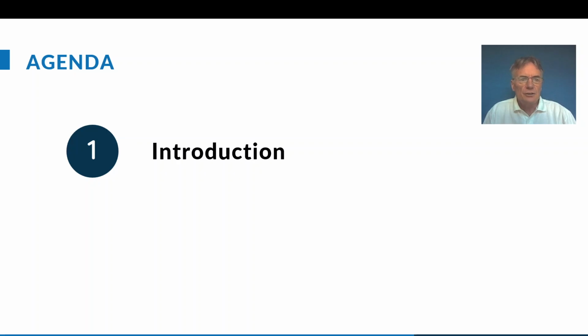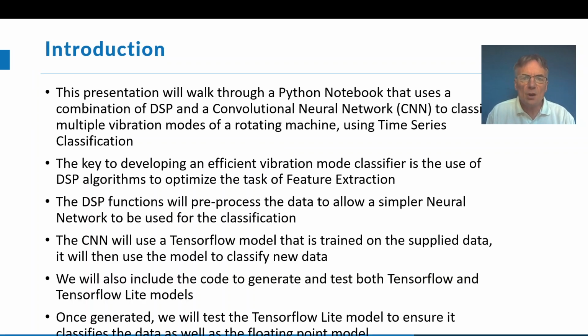Okay, so to introduce the talk to start with, we're going to walk through a Python notebook that uses a combination of digital signal processing and a convolutional neural network to classify multiple vibration modes of a rotating machine using time series classification.